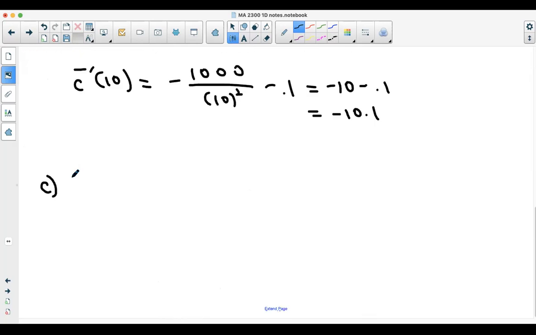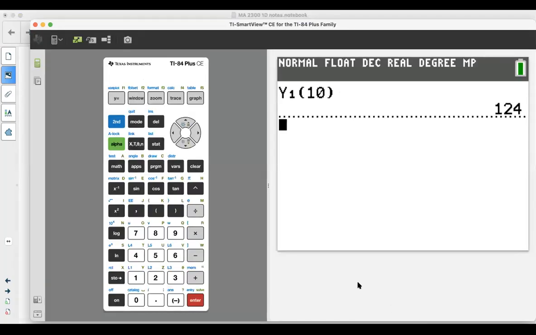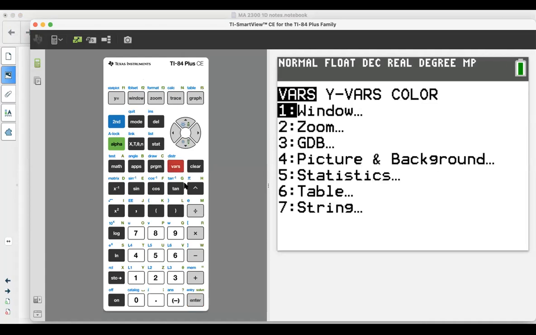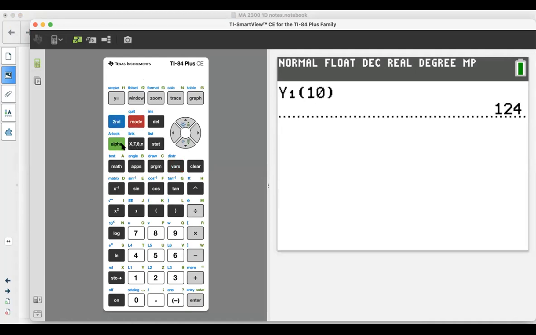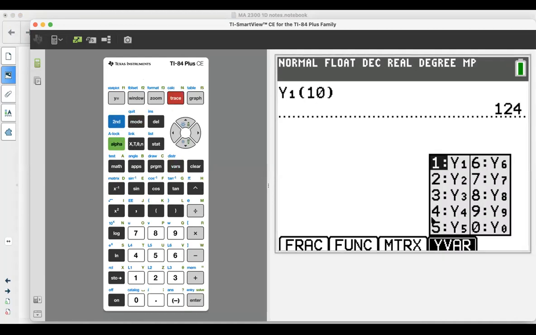So I'm going to try to get C bar of 11. What will I end up getting? I can do that with the calculator here. Same thing here: Y-VARS. Let me try the shortcut here: alpha trace gets you this one right away, for those of you who have an 84.